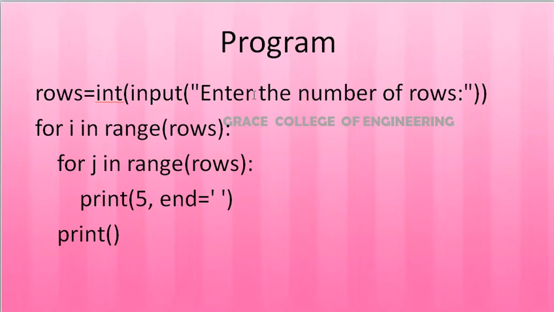I need only the integer, so I use that int type conversion. Then for i in range(rows), rows will be passed. And j is the column, for j in range(rows), that value will be passed here. Then print 5, I am going to print 5 in the square shape, with end equal to a space. After that the new line will be created.